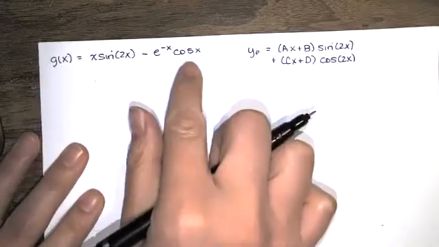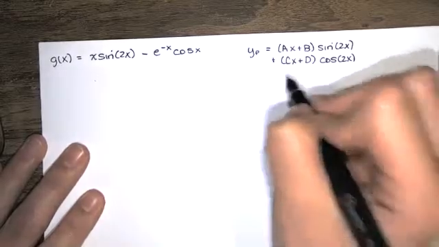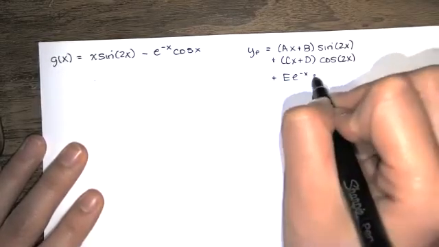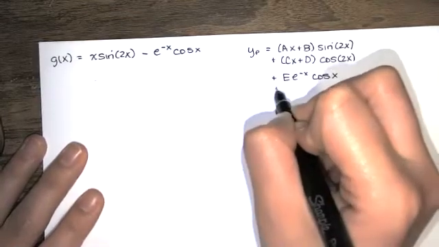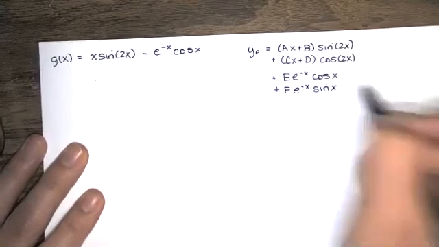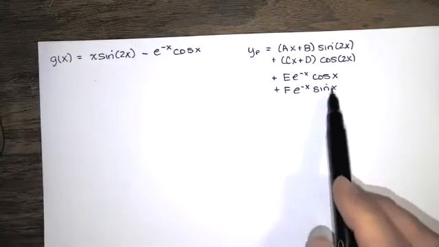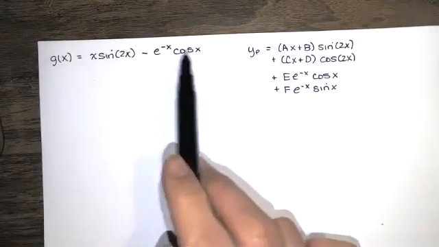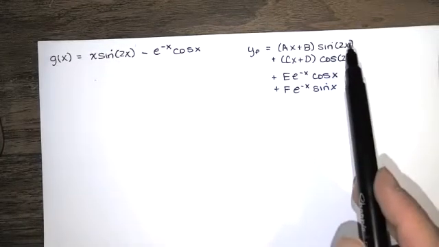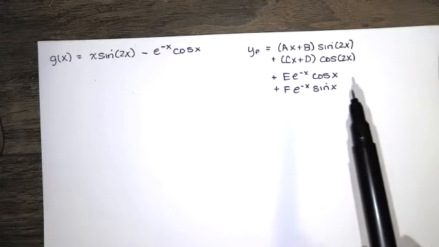Here I've got an exponential times cosine, so I would guess a constant times that exponential times cosine of x plus a constant times that exponential times sine of x. I'm using sine and cosine of x because this is a cosine of x here. Since this is a sine of 2x, I need a sine of 2x and a cosine of 2x over there.